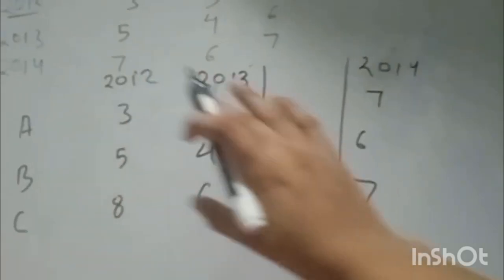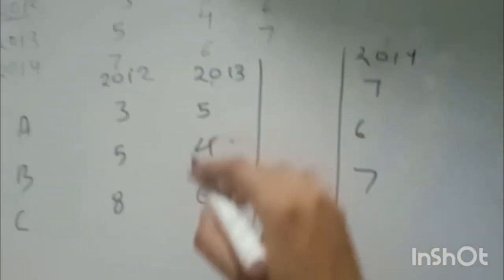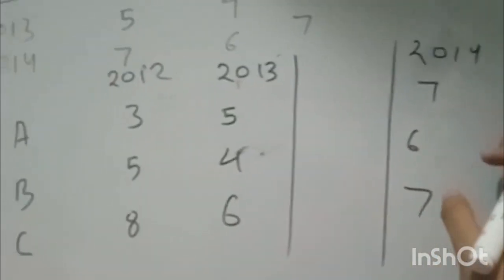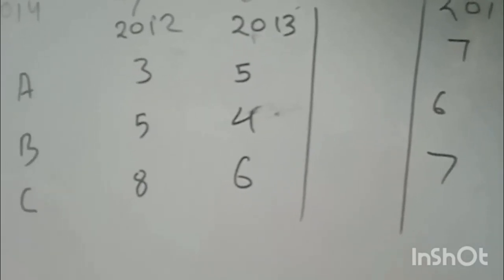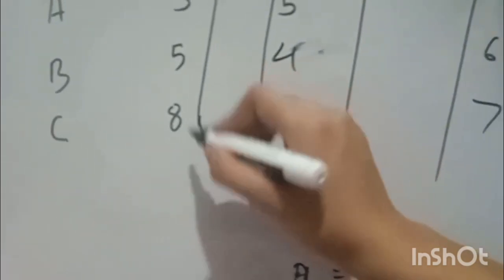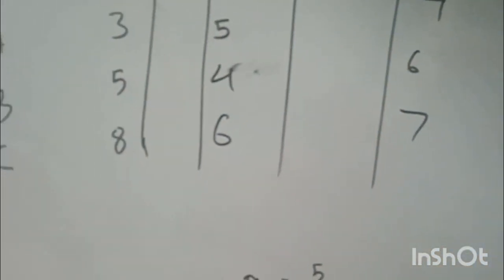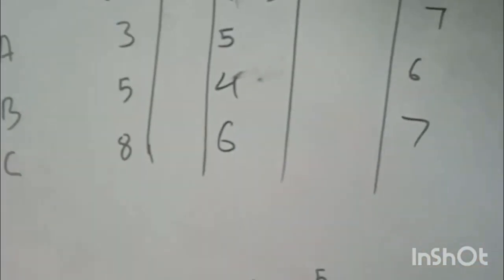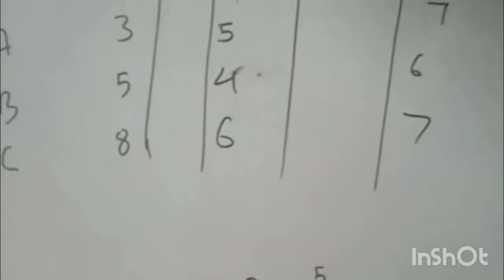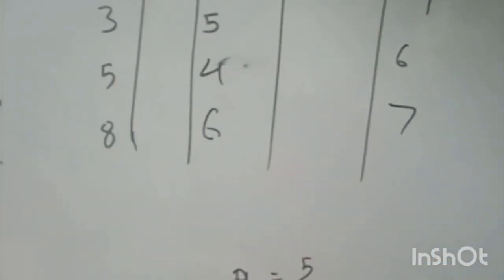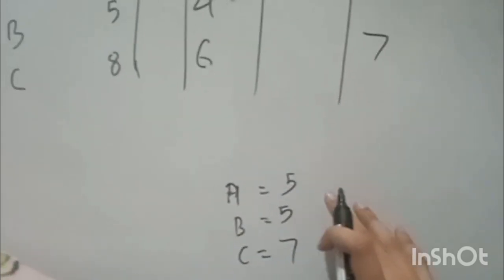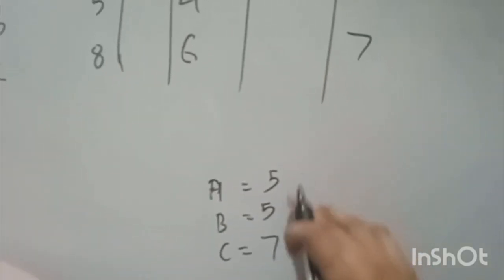Now you have to find the average of all these. The average of A would be 5 plus 3 plus 7 divided by 3, that would be 15 divided by 3 is 5. So the average we have to take as a base. Now for B it will be 15 divided by 3, again 5, and for C it will be 21 divided by 3, it is 7. So C's base will be 7, and for A and B we will use 5.